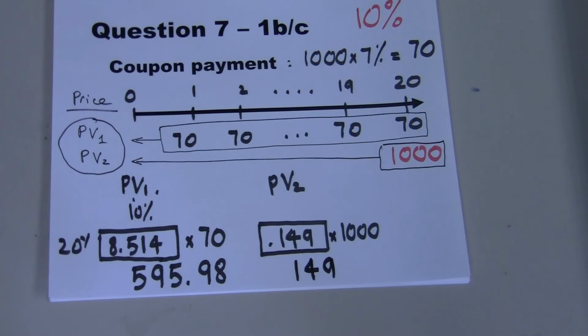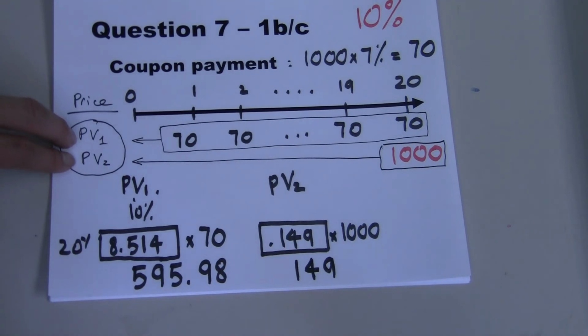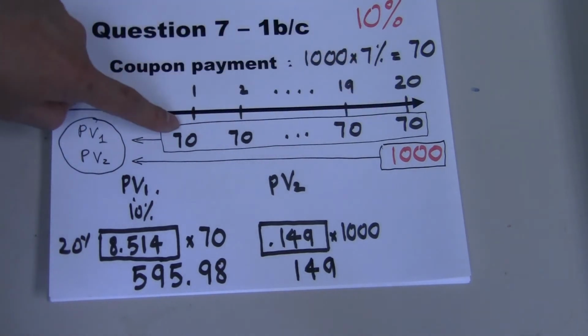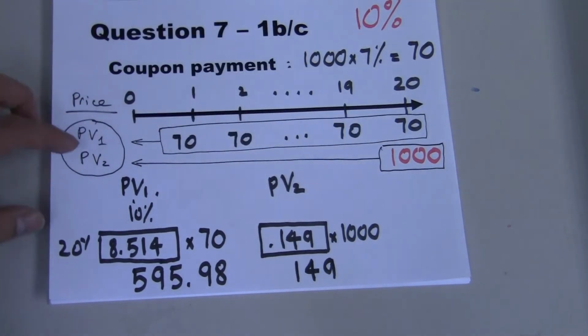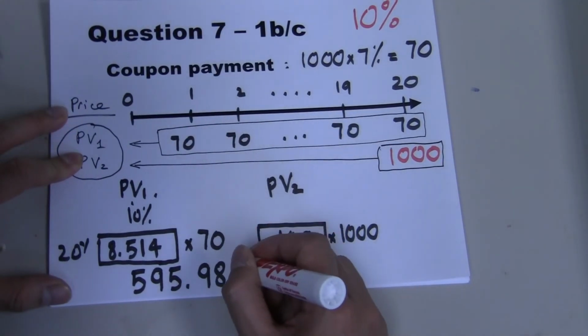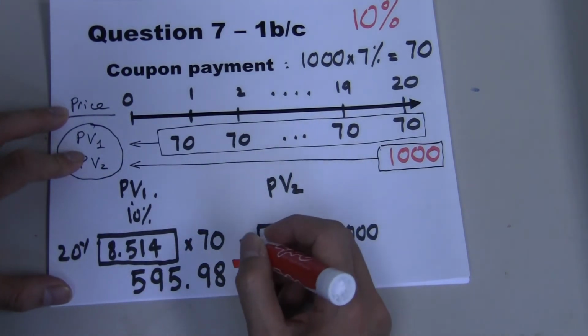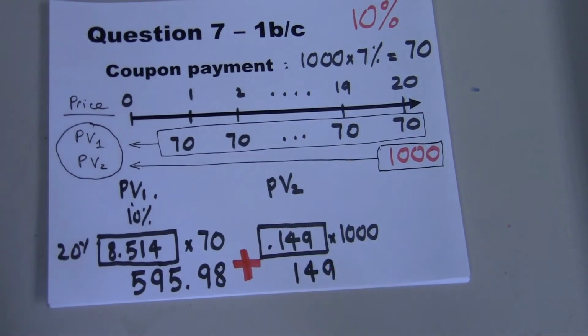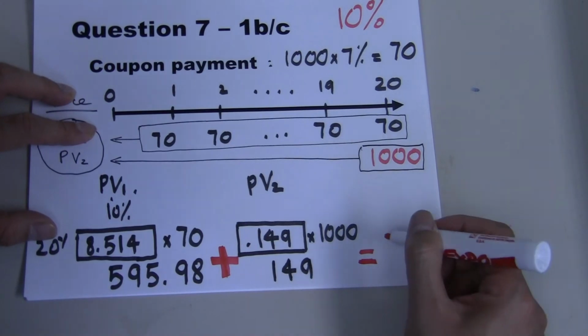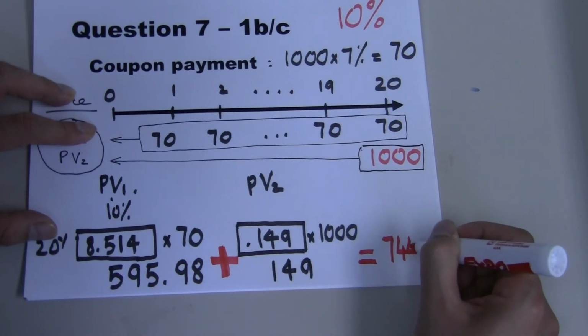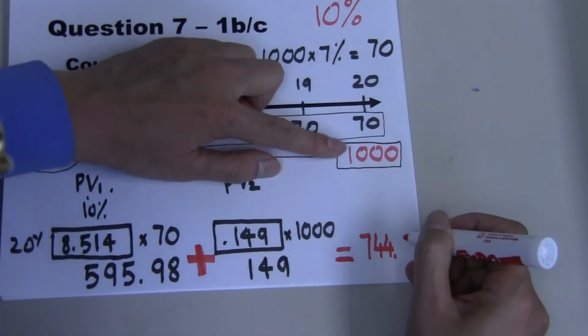$149. Like I said before, the price of the bond is the sum of the two present values, PV1 for the annuity and PV2 for the face value. The last step is to add those two numbers up, and therefore we have the price equal to 744.98.